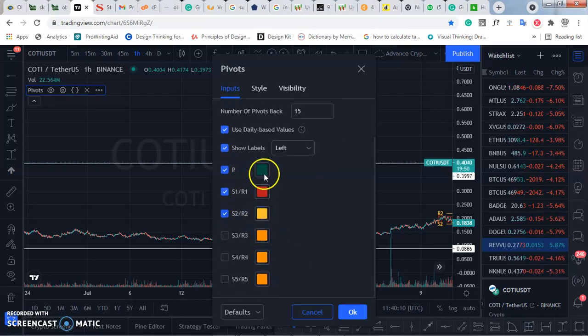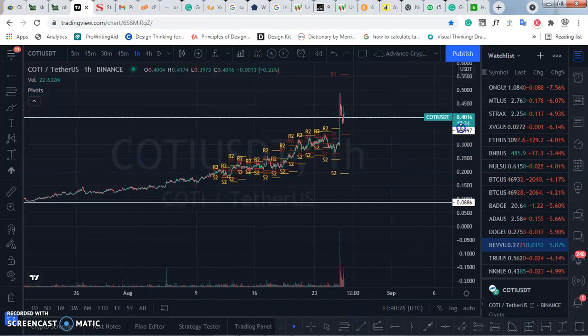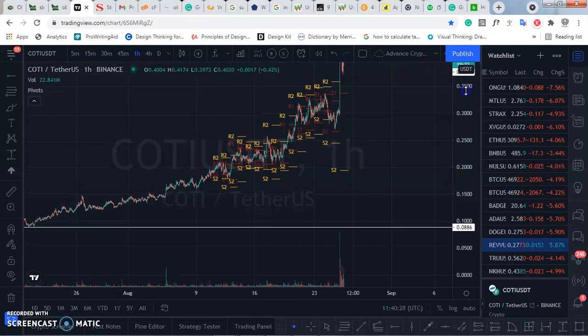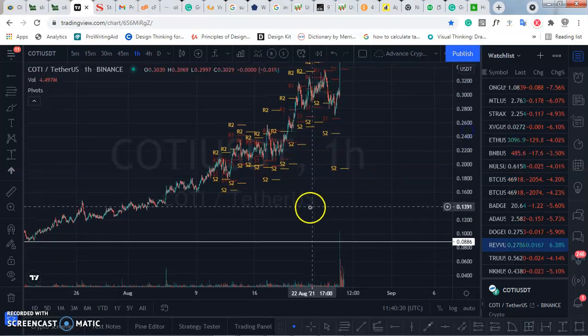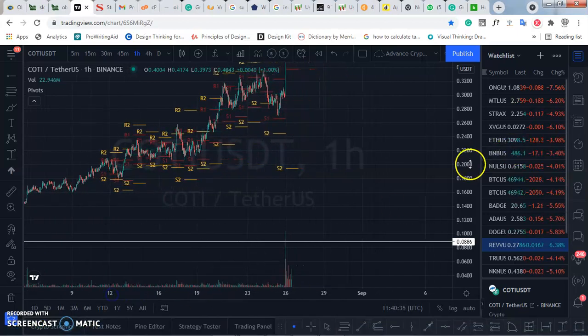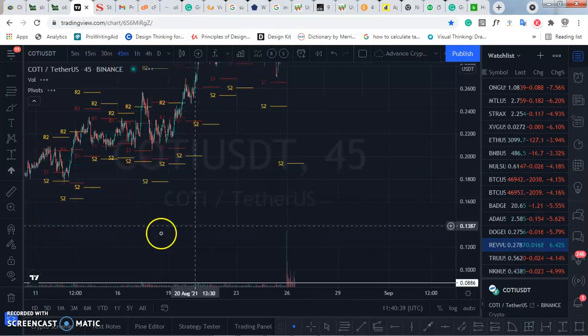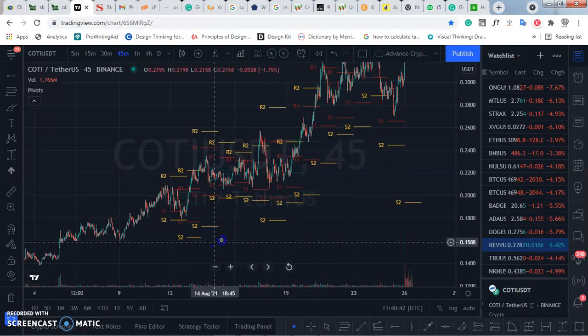I already removed some of the indicators. What I need is resistance 2 and support 2, and resistance 2 and support 1. This is the mid pivot. I just needed the 3 days backward indicator. I can still go down.